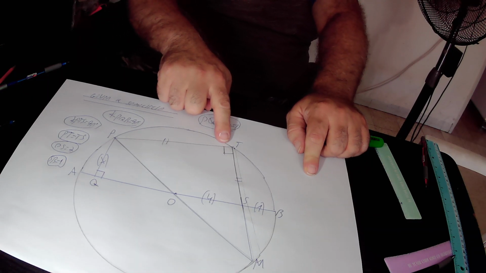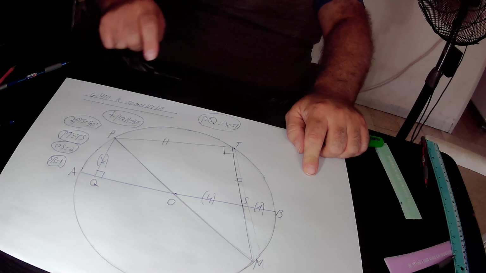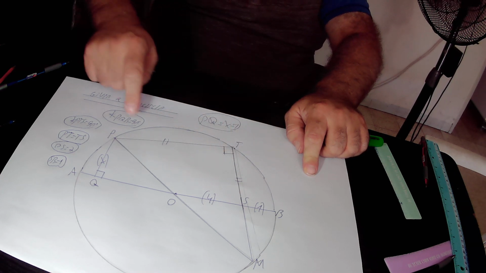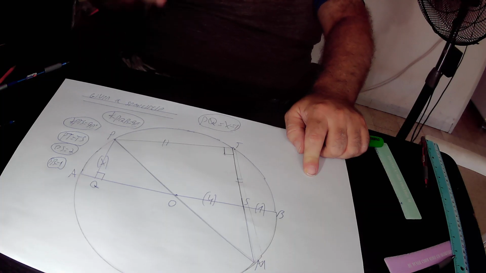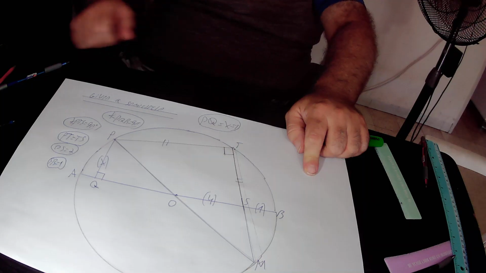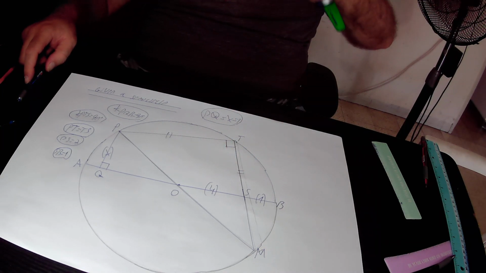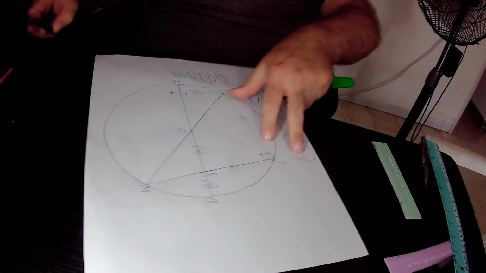Therefore, according to rule 5, it must subtend on the diameter of the circle. Peripheral angle PTM subtends on chord PM, and therefore chord PM must be the diameter of the circle.